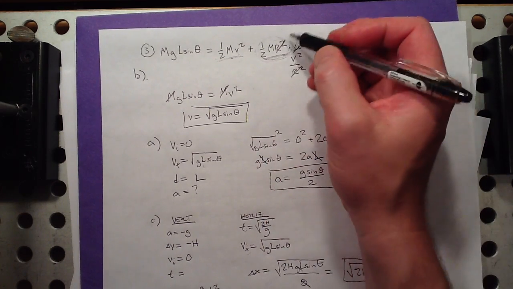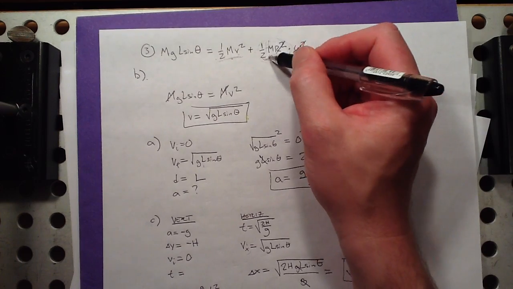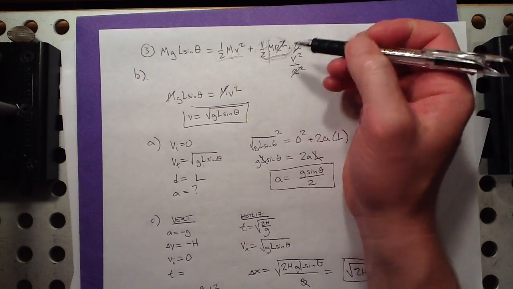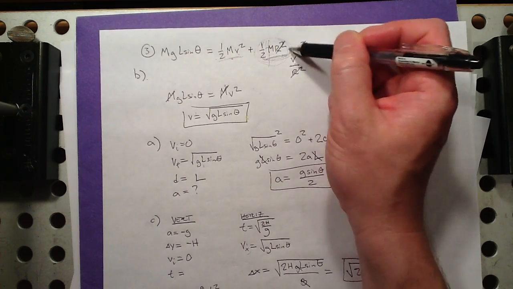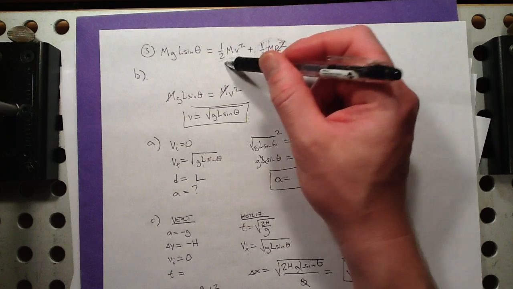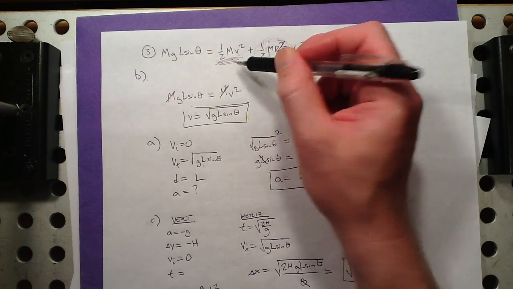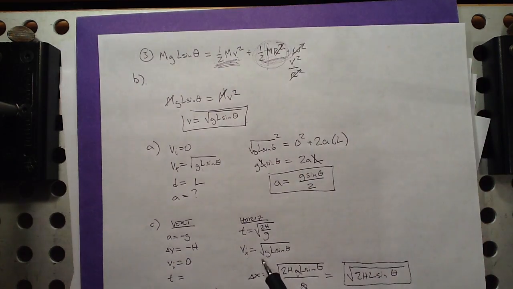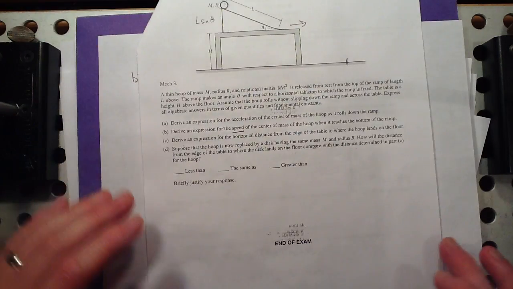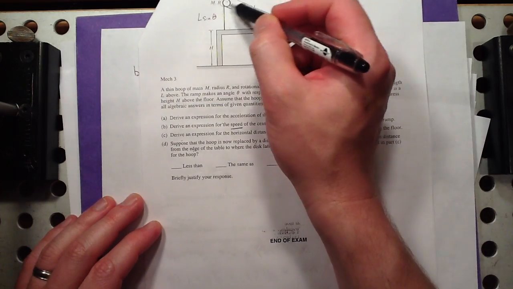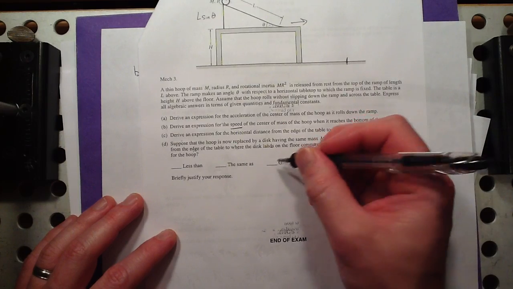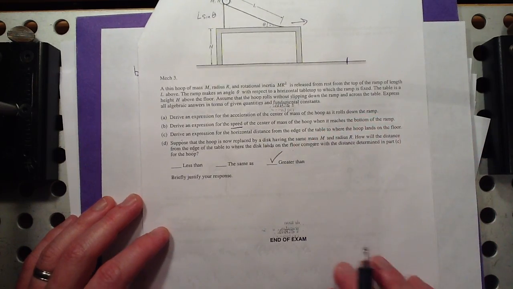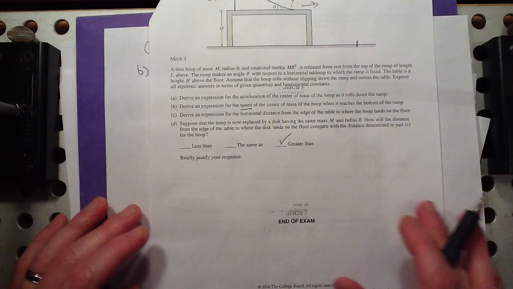If the moment of inertia had been 1/2 mr squared, this would only have been 1/4, and then we would have got a greater velocity. So the smaller this is, the more of the energy actually can contribute to its translational motion. So that means it's going to go farther. So less of the energy will be occupied by the rotation. So the distance will be greater than. And we'll justify it something like what we just said.